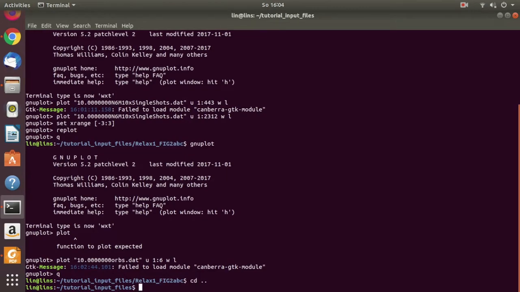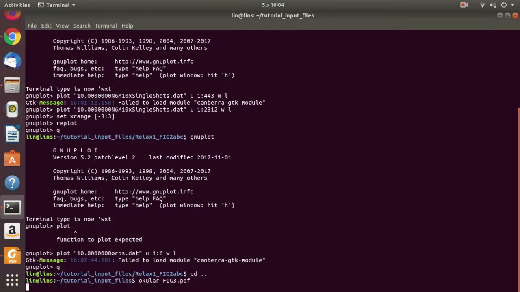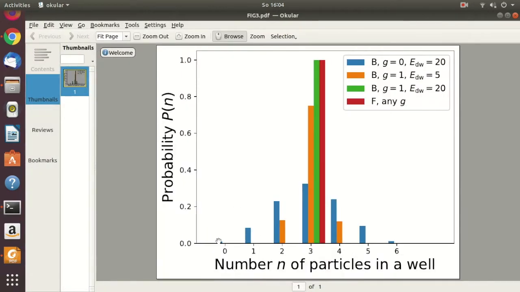So this is already shown in figure 3. The blue bars are showing the results from an extremely superfluid case. So you can see that the distribution is binomial, and the orange bar shows a case which is not so superfluid.